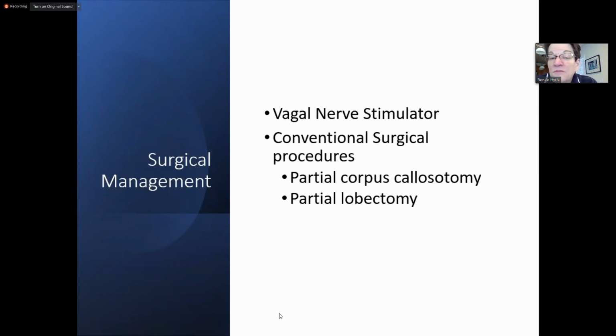But there are some conventional surgical procedures that work very well in decreasing and maybe even eliminating seizures in some populations. Now, there's partial corpus callosotomy.